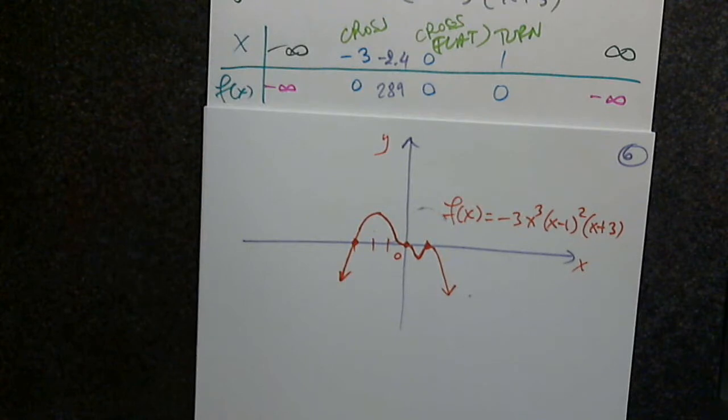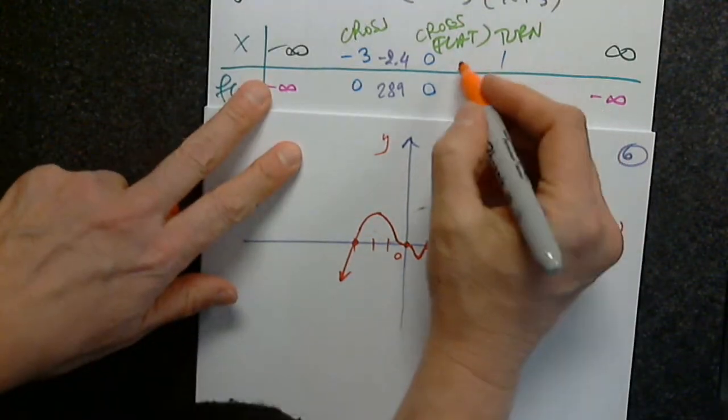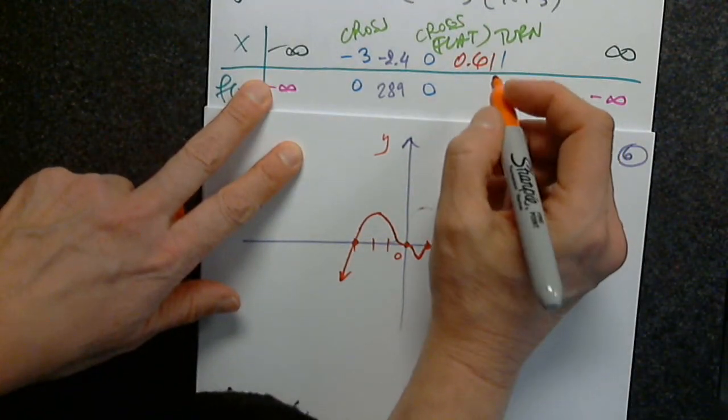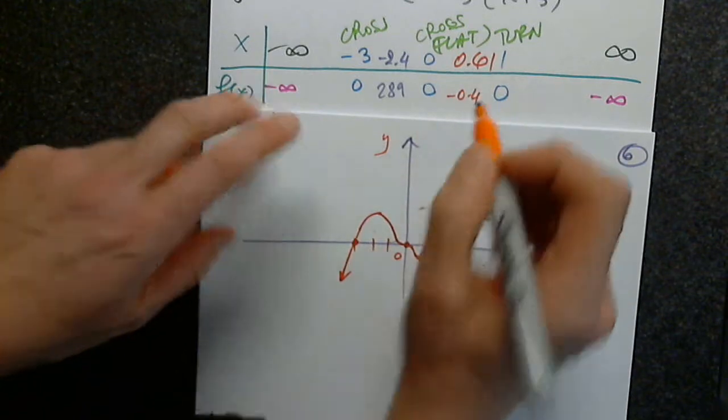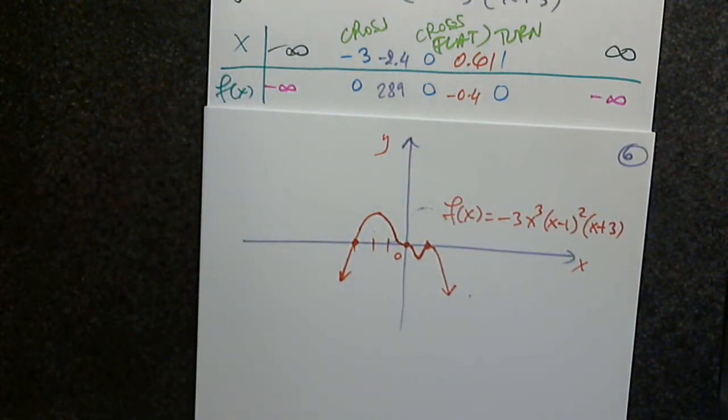And I get 0.61. And I put in the chart 0.61, negative 0.4. And now we know everything about this function. There is one other item that we do not know, but we can determine it. And it's not part of this course anyway.